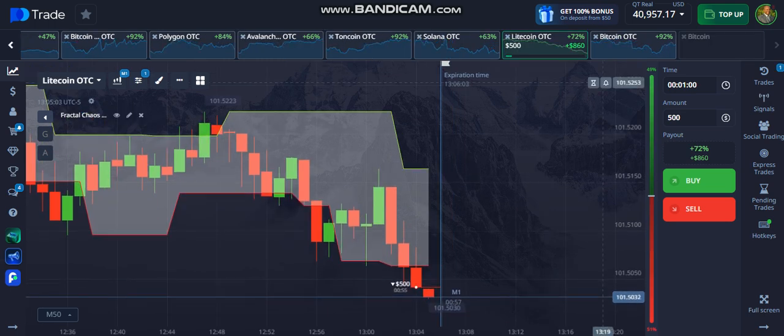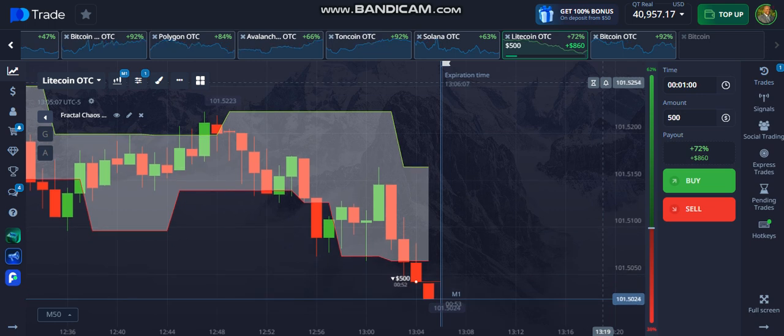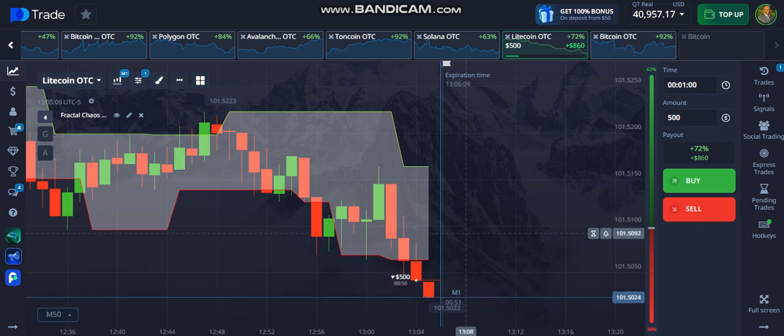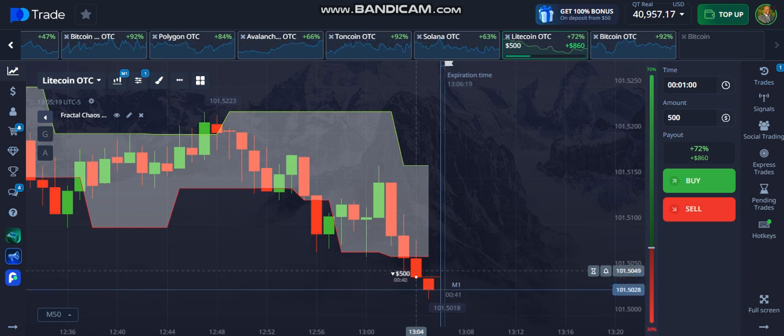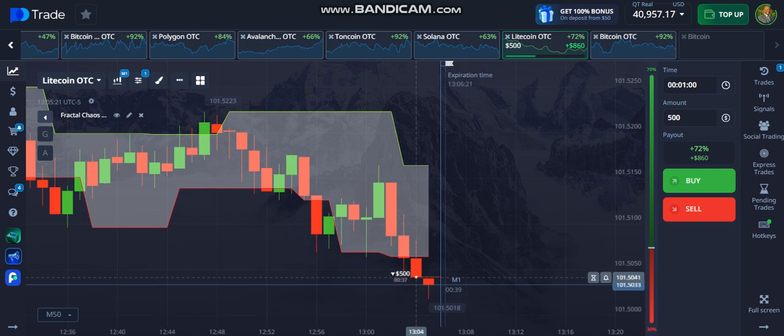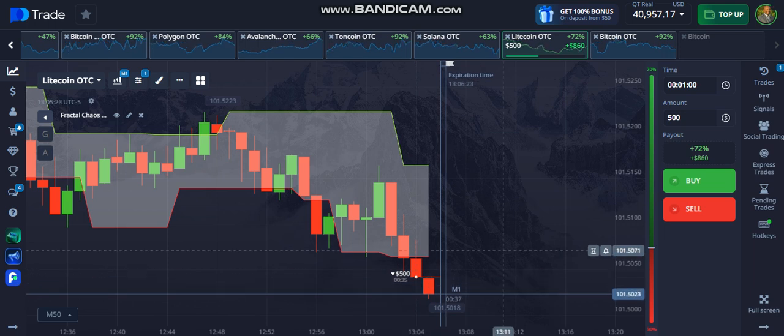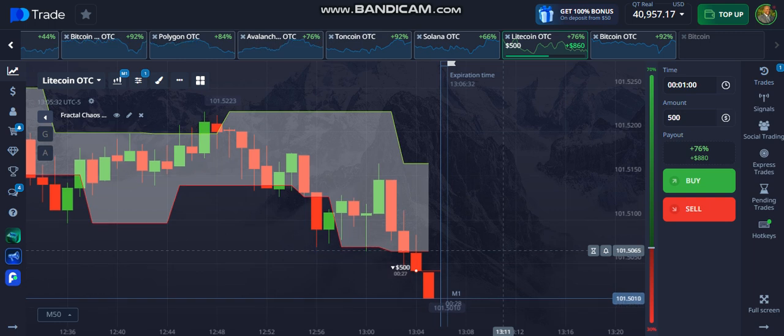Okay, so I'm on the Litecoin crypto, and I just took a sell trade. And the reason why I took the sell trade here is the previous red candle here closed outside the lower boundary of the Fractal Chaos Band line, which suggests to me that there's going to be a bearish breakout to the downside over the next 60 seconds. So let's monitor this trade.